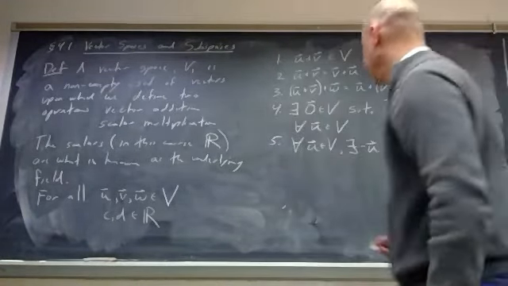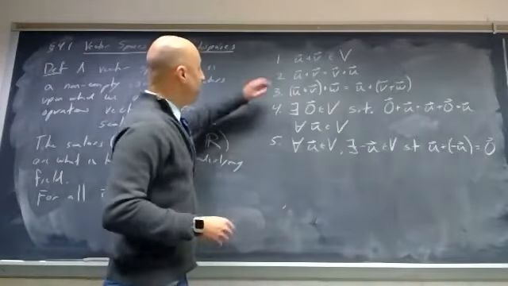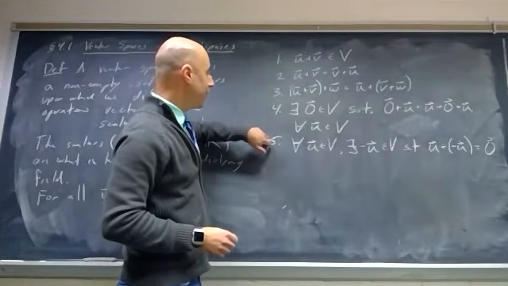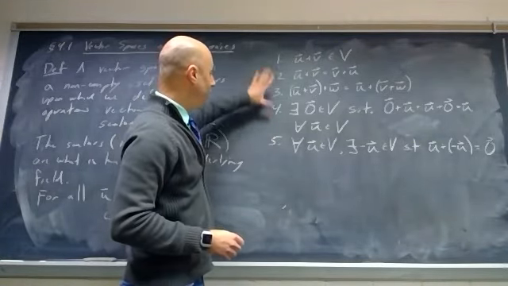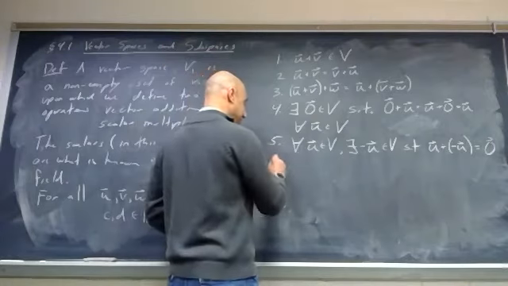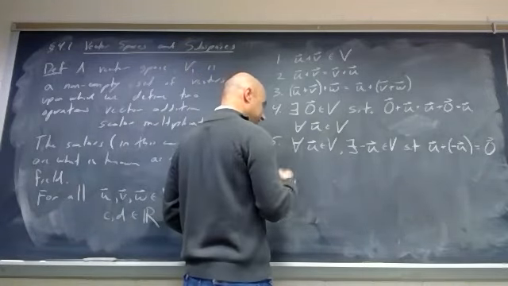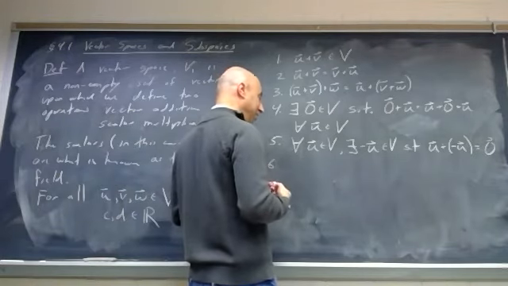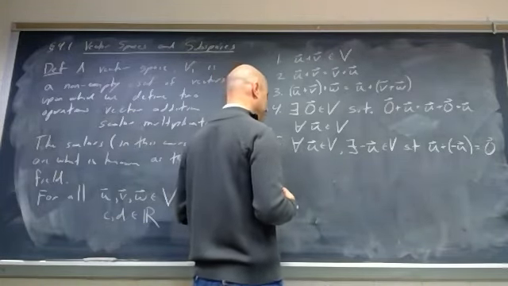Okay. So basically 1 through 5 handle vector addition. 6 through 10 are more to do with scalar multiplication and the connection between scalar multiplication and vector addition.